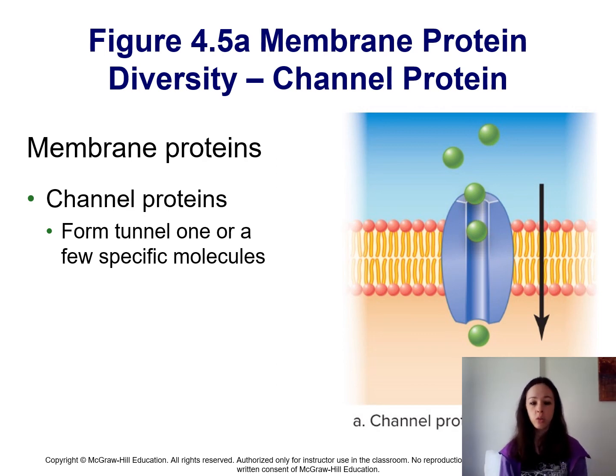So water molecules are going to flow into the cell and out of the cell at will. Aquaporins are especially important within your kidney cells because it allows your kidney cells to regulate the amount of water that stays in your body or is excreted out of your body, just so your body maintains the right amount of hydration.